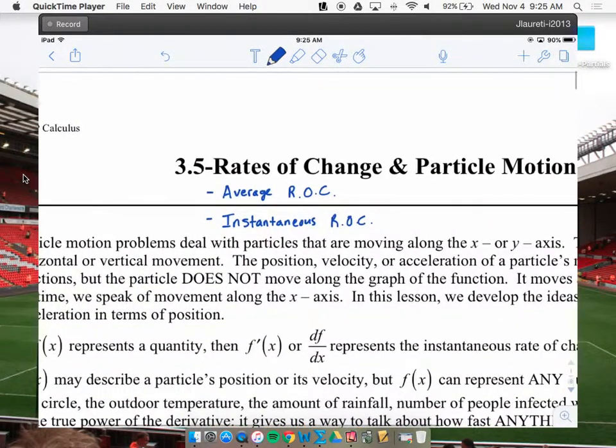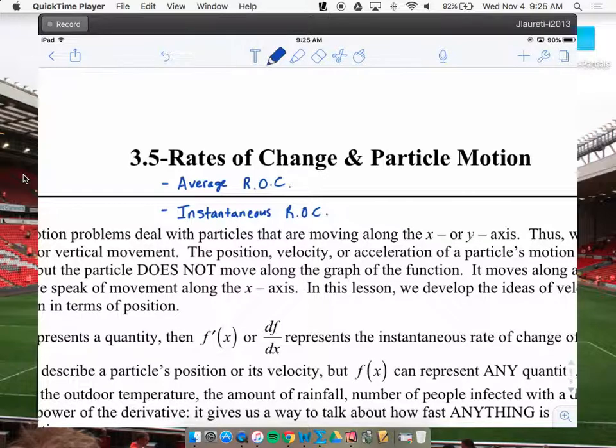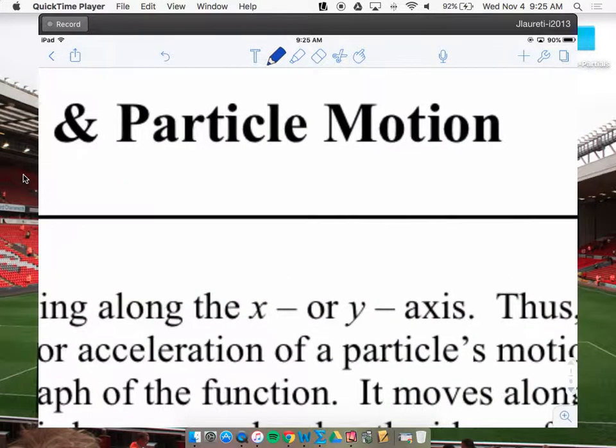Now a lot of it is this particle motion stuff. There's also a lot that is physics based, so if you're taking physics, you might see some parallels between the two. We're going to be talking about position, velocity, and acceleration. When we are doing particle motion, we're just talking about a particle that is moving either left or right or up or down.